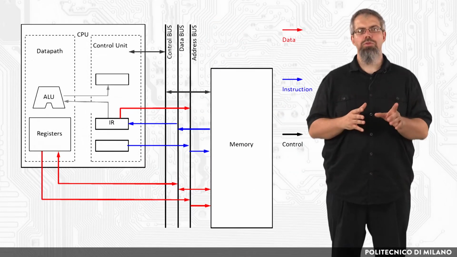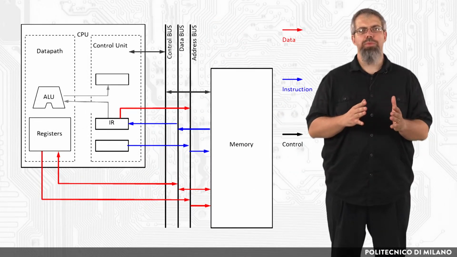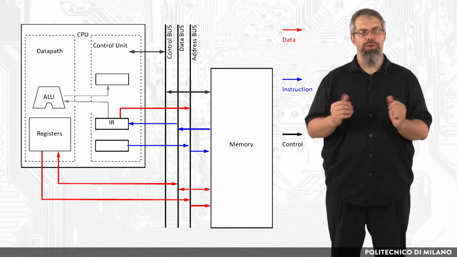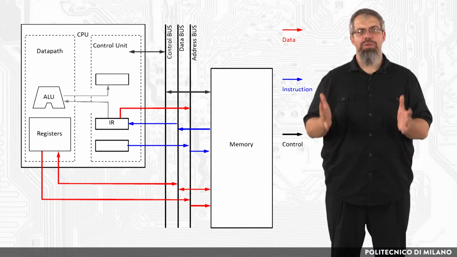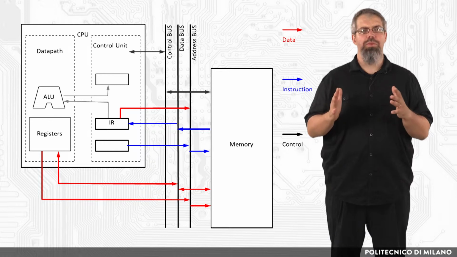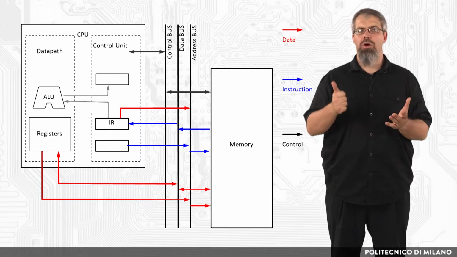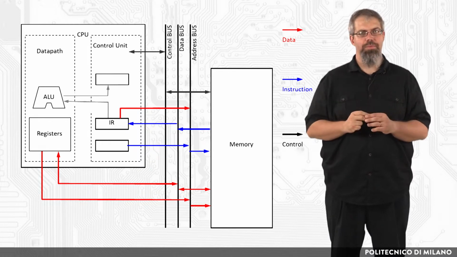A processor, regardless of its type, executes a program as a sequence of instructions that translate into useful computation for the software application. To do this, the processor has to be connected via a bus to a memory. The bus, from a high-level perspective, can be seen as composed of three different types of lines: control, data, and addresses.